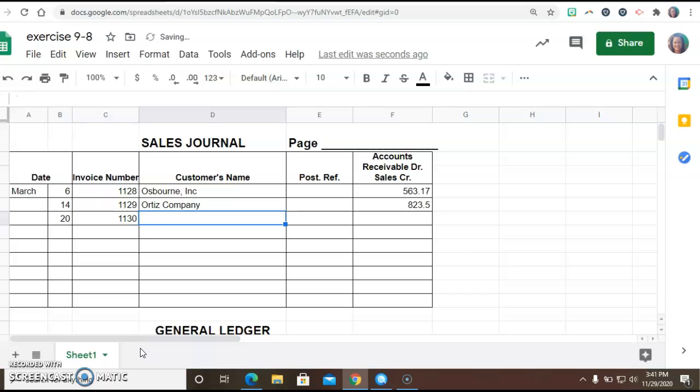Okay, so our invoice number is 1130. Bailey Corporation. And our total was $2,350.98.